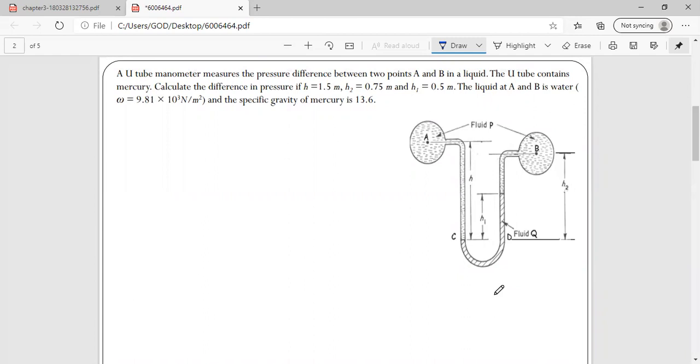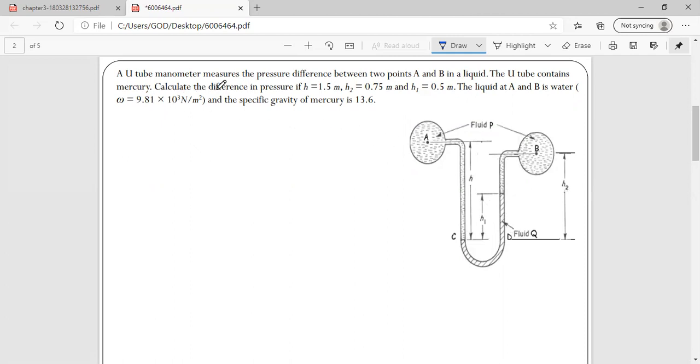In the first problem, a U-tube manometer measures the fluid pressure differences between two fluids A and B. There's a fluid A and there's a fluid B. The U-tube contains mercury. The hatched portion is mercury, which is the manometric fluid, with the help of which we are measuring.